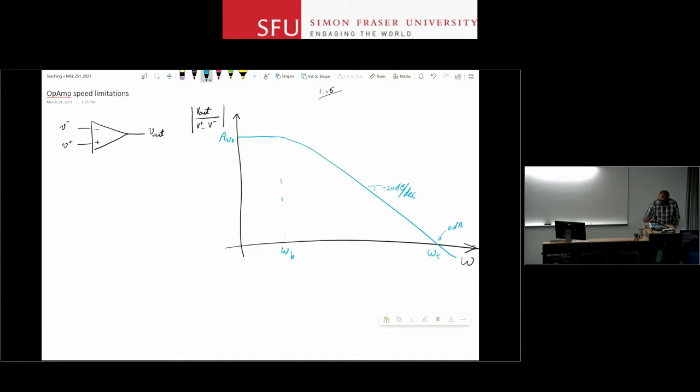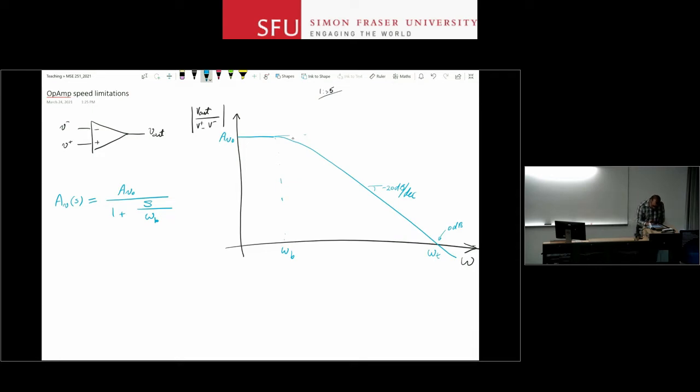Now, if you have a transfer function like this, you can show it with an expression as here. So your frequency-dependent gain is now your AV naught divided by 1 plus S over omega b. Right? So omega b is this corner frequency. After that, the gain starts to drop. At that frequency, actually, the gain has already dropped by 3 dB.